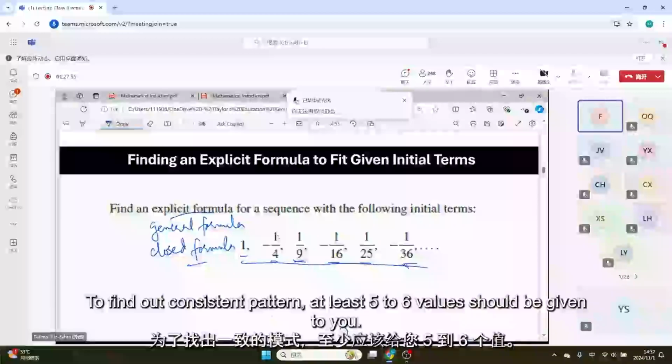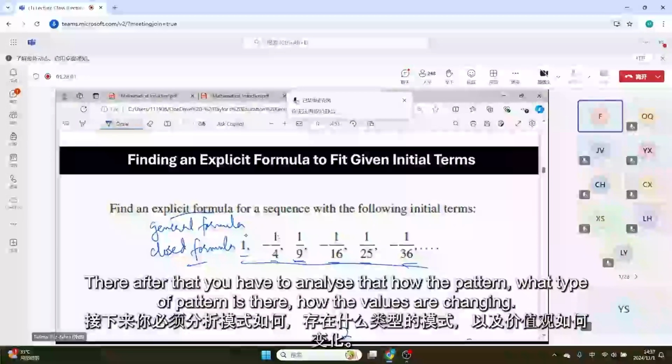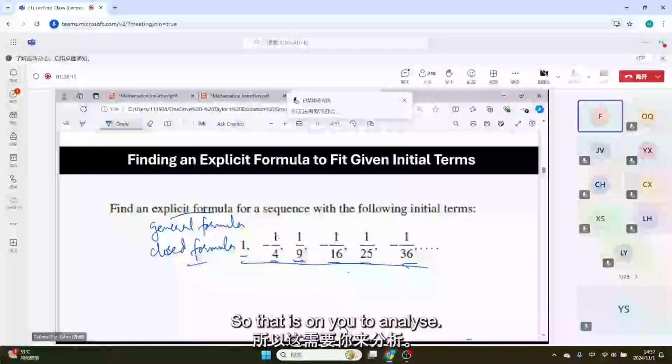To find a consistent pattern, at least 5 to 6 values should be given to you, so they should be present in the question. After that, you have to analyze what type of pattern there is and how the values are changing. Are they changing constantly? Is there a constant pattern? That is on you to analyze.